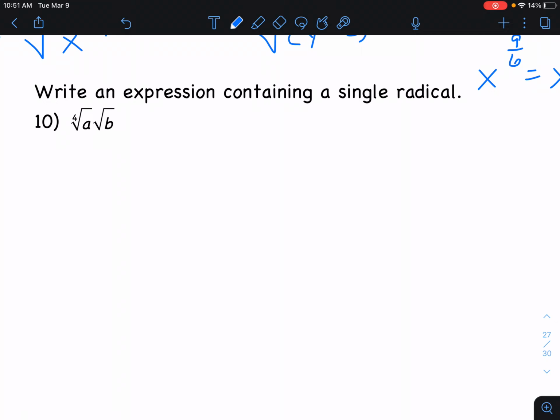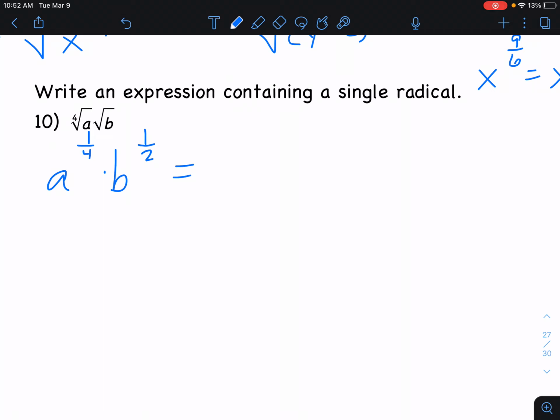We cannot multiply a 4th root times a square root. So we have to use some exponent rules here. So a's exponent would be 1/4 times b's exponent would be 1/2, of course. Now we need to make them common denominators. To have a common index for a radical, you have to have common denominators in their exponent form.